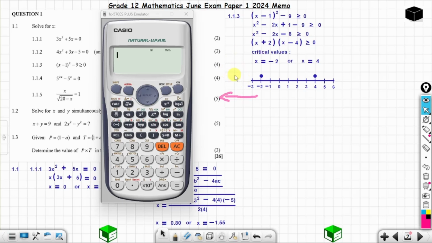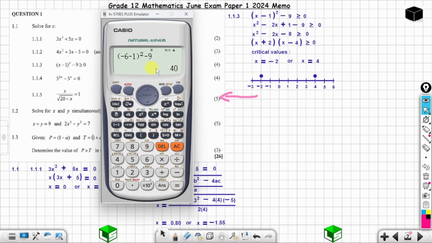So let's try negative 6. Negative 6 is before negative 2, negative 6 is less than negative 2. So let's plug negative 6 in there: negative 6 minus 1, close your bracket to the power of 2, and then minus 9.